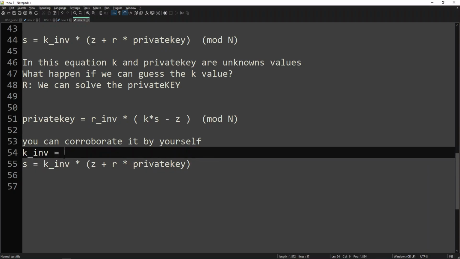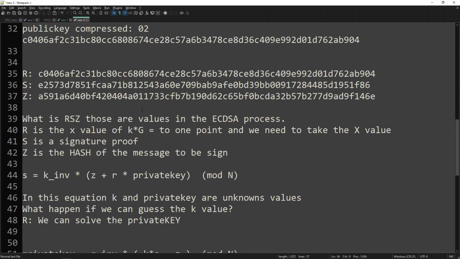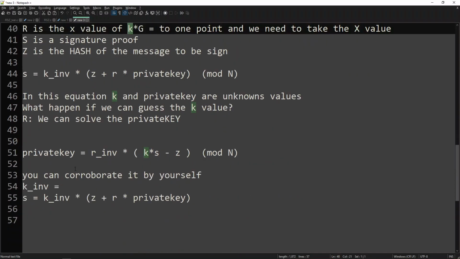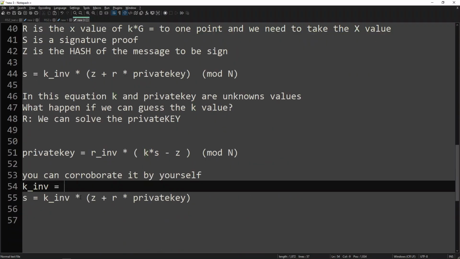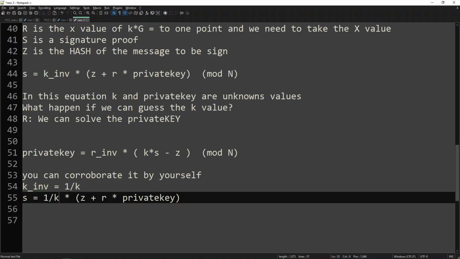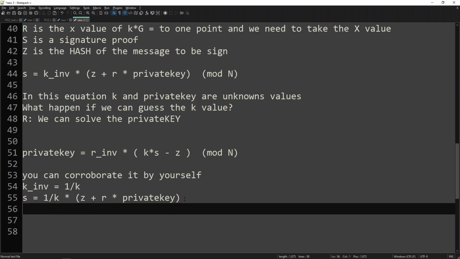K inverse is equal to our previous k value, but inverted. K inverse is 1 over k. So this value is this, actually. But if we send this k value to the other side of the equation, s multiplied by k equals something else, this value.